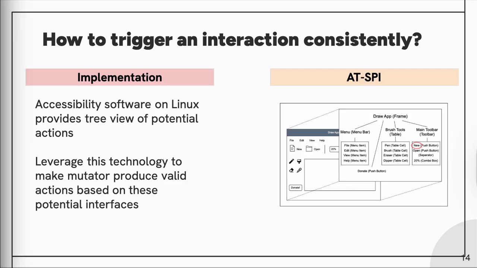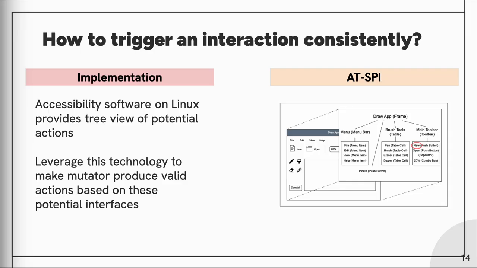But there isn't really a good system for this in the Linux desktop environment for testing. So I would argue that the most novel contribution of this paper was the use of software accessibility technology to know where points of interaction can occur.